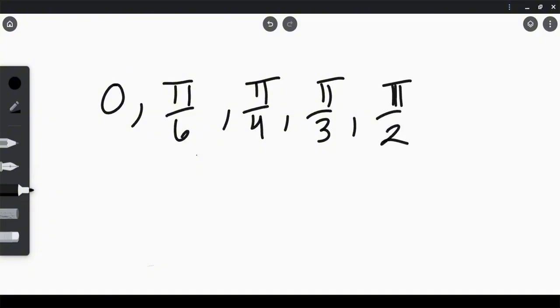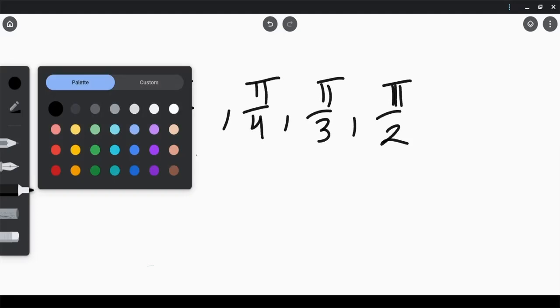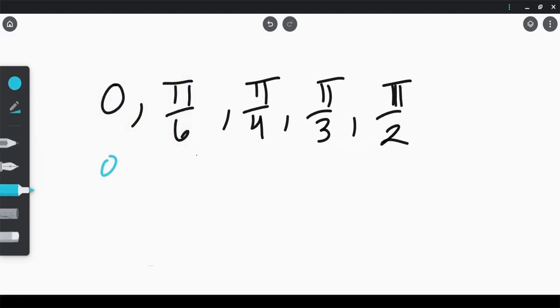In degrees, this is just 0 degrees, 30 degrees, 45 degrees, 60 degrees, and 90 degrees. So you gotta remember this.